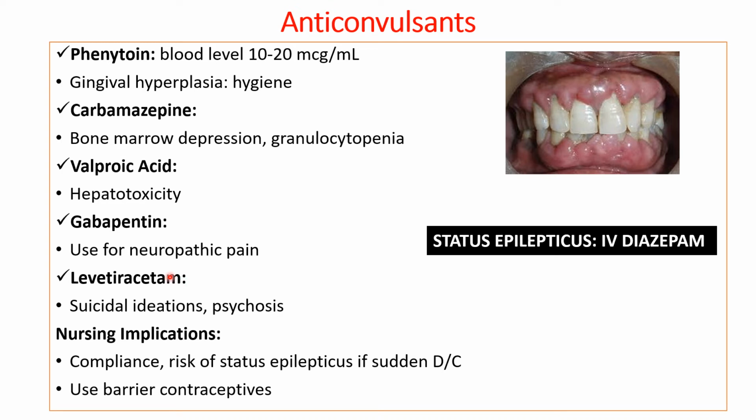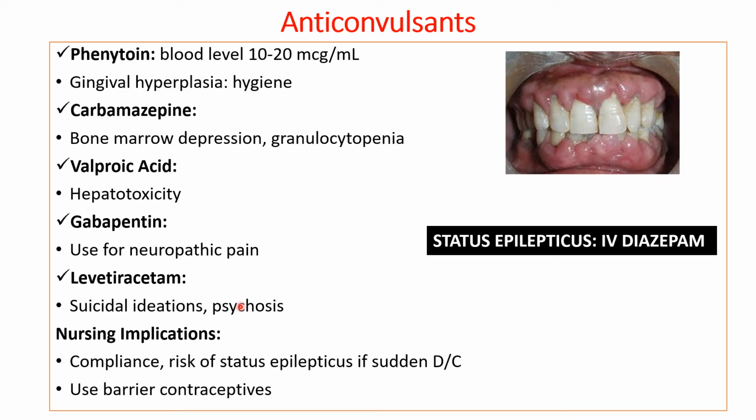Levetiracetam, okay, Keppra. Levetiracetam is a frequently used anti-seizure medication that is very efficient, very good, but especially in children and adolescents at the beginning of the use of this medication, the mind of some patients with predisposition will start having suicidal ideation and can even have psychotic ideas, delusions.